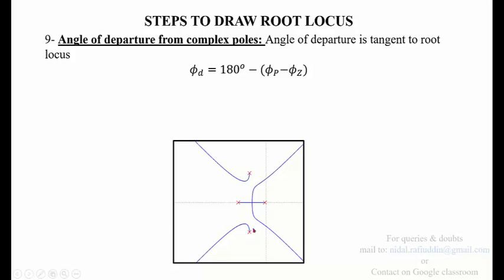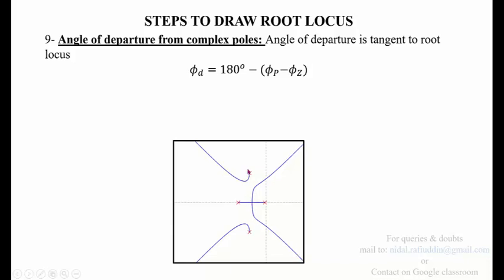As I told you, if there is going to exist any pole in complex form, it will always have its conjugate on the s-plane. So these are the two complex poles, and whenever we vary k from 0 to infinity, these poles move towards each other, meet at a point, the breakaway point, and then go to infinity along this branch.